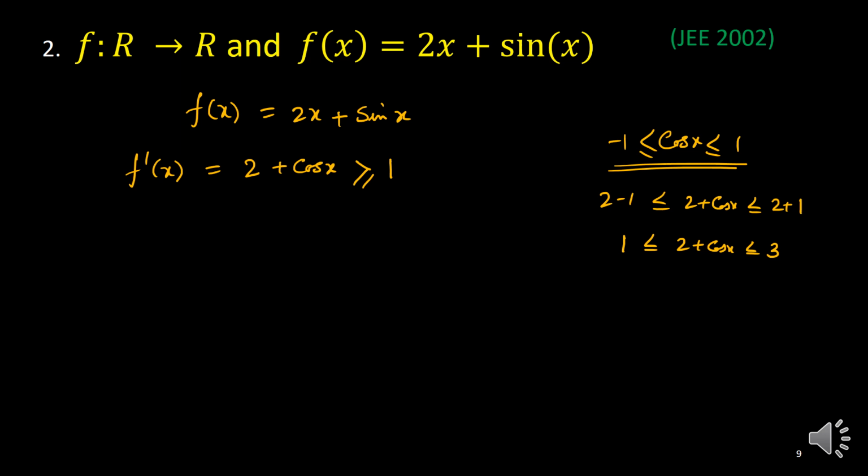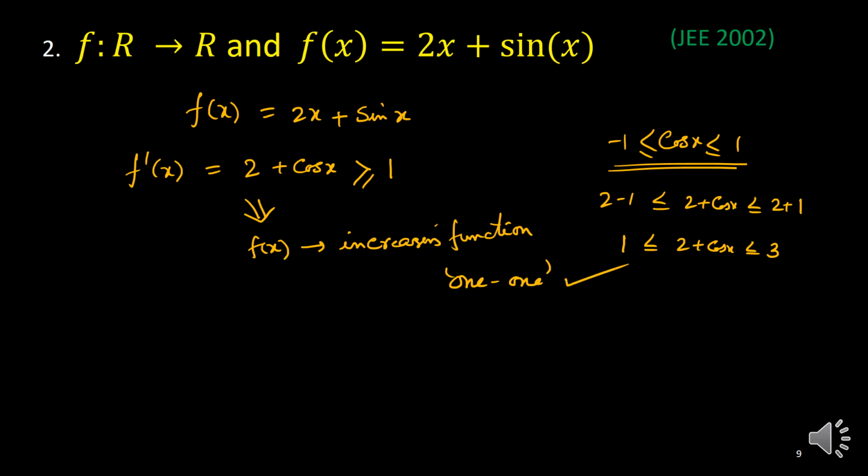If it is more than 0, it is sufficient for us because it is positive. As it is positive, this implies that f of x is an increasing function. The derivative is always more than 0. So it's an increasing function, thus it is a 1-1 function.